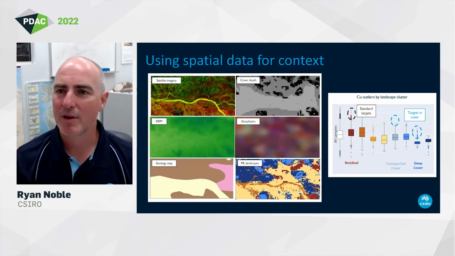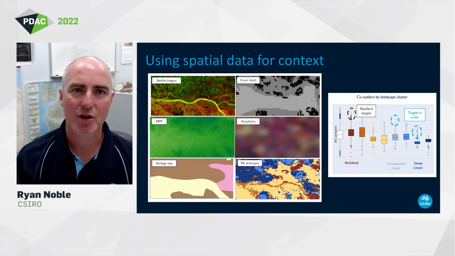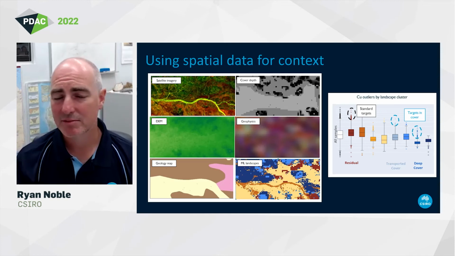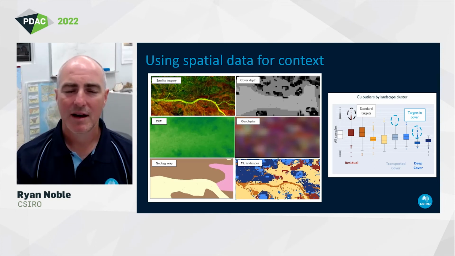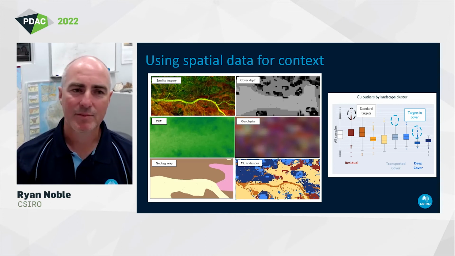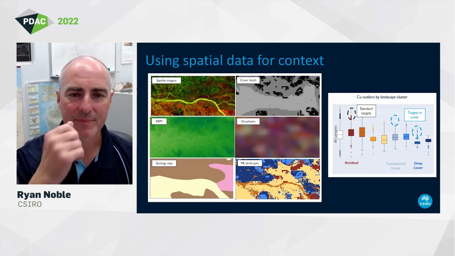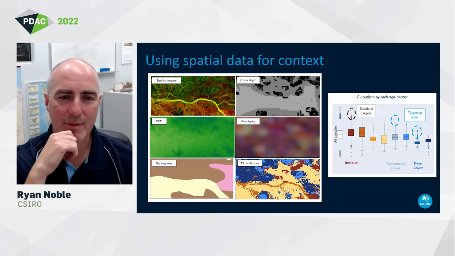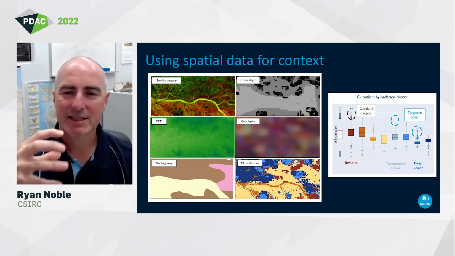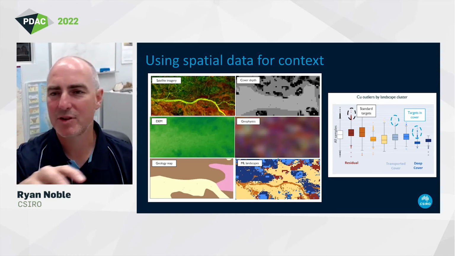Here's another example along the same lines, and it just shows how we integrate some of that spatial data. So satellite imagery, elevation, depth of cover is really important, and there are ways to potentially map that. And when you integrate that with machine learning, you can see in the bottom central map there, the ML landscapes, you've got a really detailed, essentially a proxy regolith map for your whole environment.